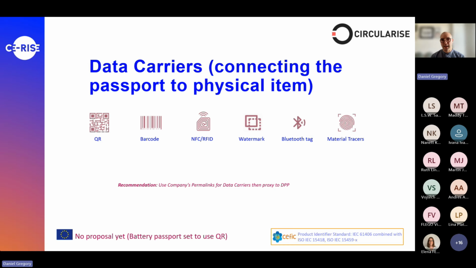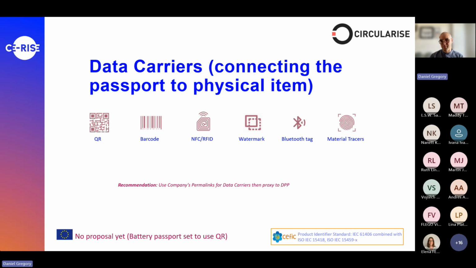Essentially you want to pair that bookshelf, that digital product passport, which is all virtual, and connect that DPP to a physical product in some way, shape, or form. That is normally done with something called a data carrier. So this is essentially something that you can read the data from that can be attached to the physical product.